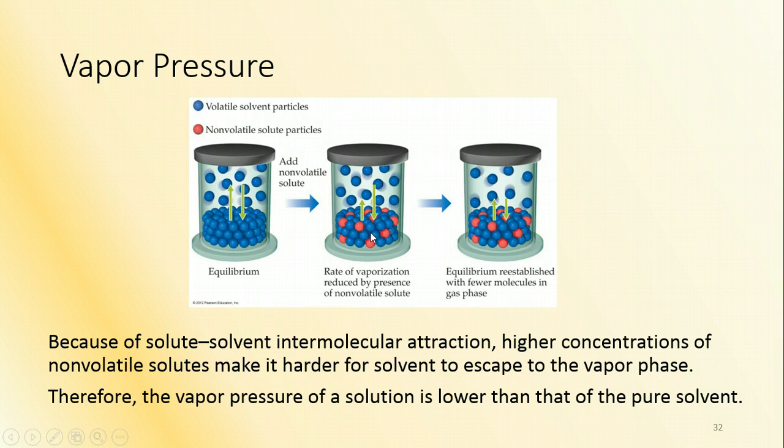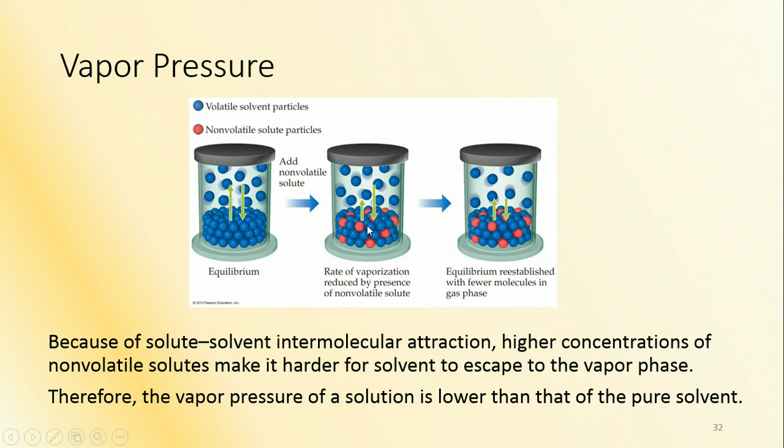That's this equilibrium system. Notice that some solute particles are sort of blocking the surface, so there are not as many solvent particles, still a good number of them, able to make it to the surface and escape.